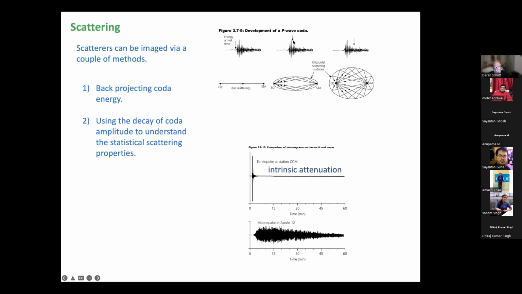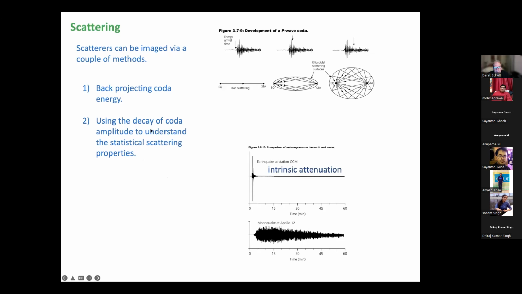Where this arrow is right here, this shows that energy could be scattered from anywhere in here. And for this arrow here, energy could be scattered from anywhere in here. So what you could do then is plot a bunch of seismograms and figure out where these elliptical regions overlap, and you can find scatterers that way.